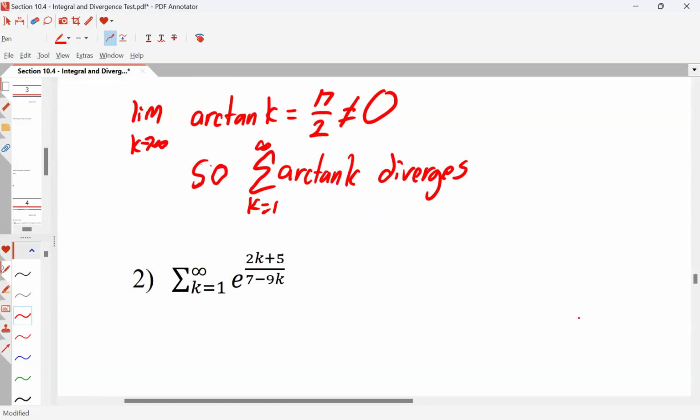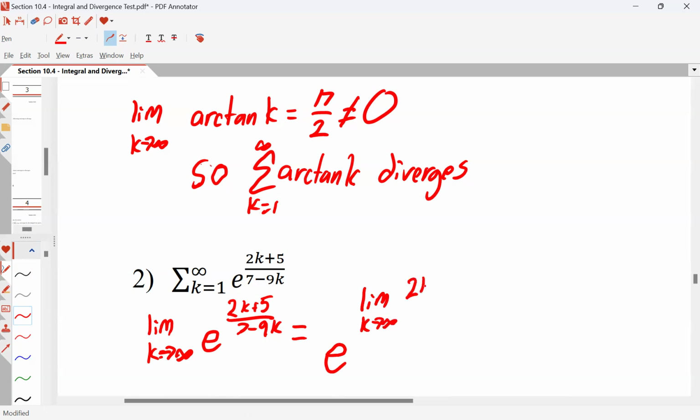And then, taking a look at this second example, again, look at that limit as k goes to infinity of our sequence e to the (2k plus 5) over (7 minus 9k). This is equal to e to that limit, and that exponent is a rational function where we can just look at the powers.